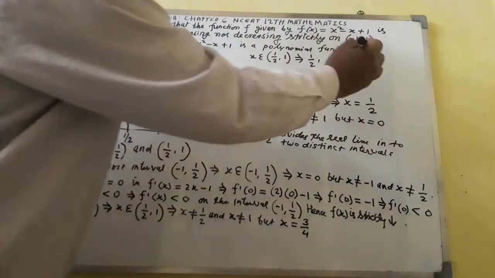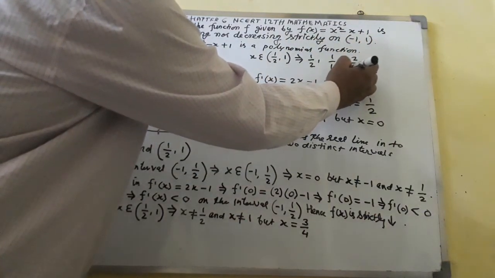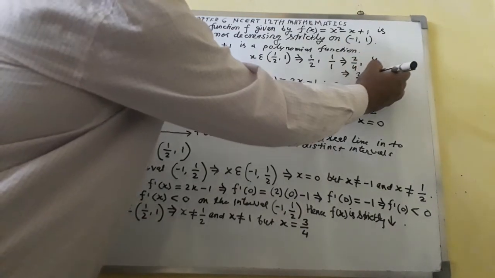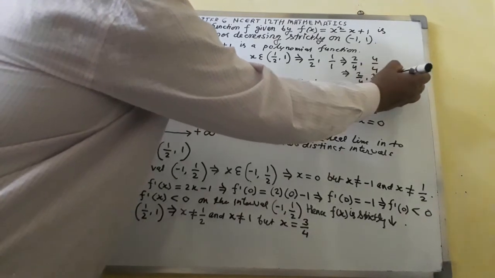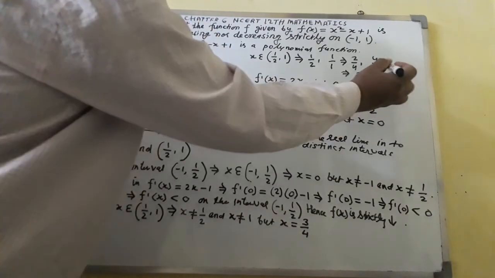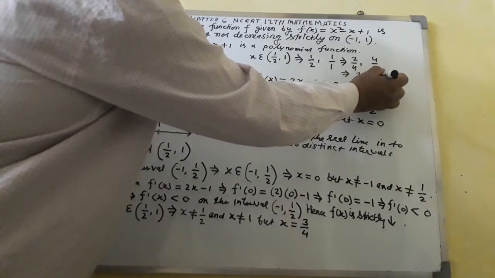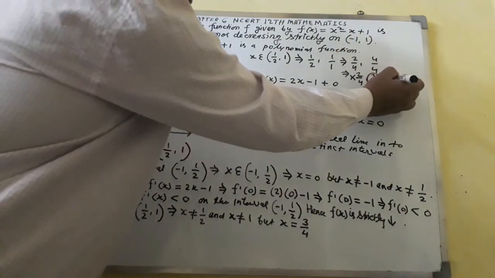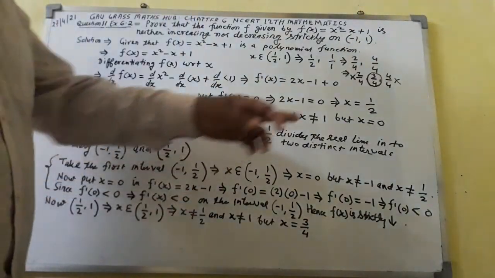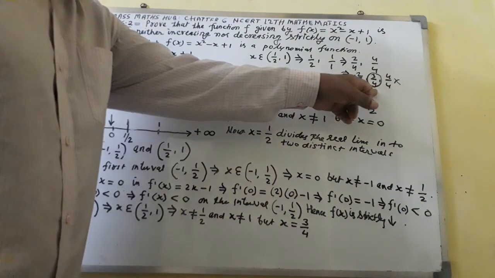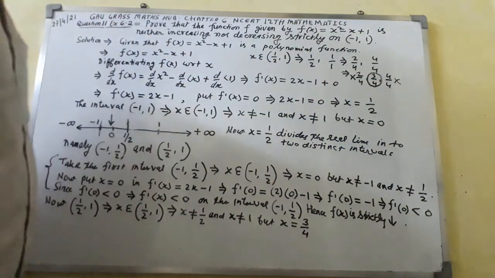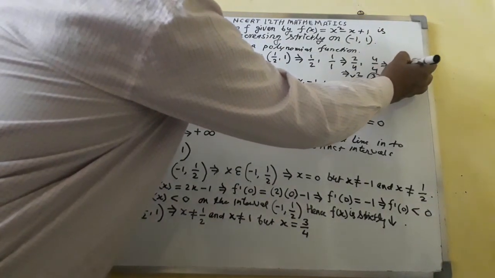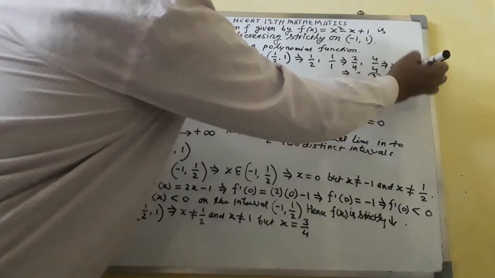So in between I can locate very well 2 over 4, comma 3 over 4, comma 4 over 4. This point I shall take, because 2 over 4 and 4 over 4 will not be taken into account. The value of x I shall take x equal to 3 over 4. Remember this one.